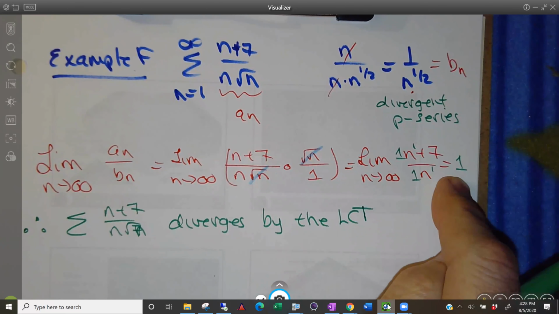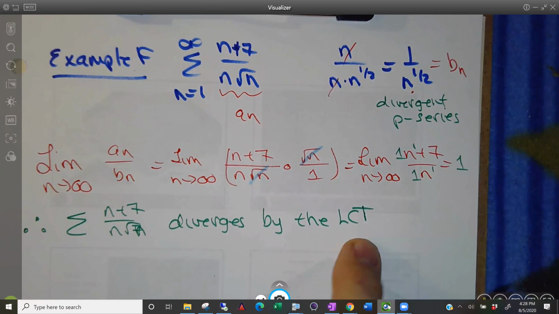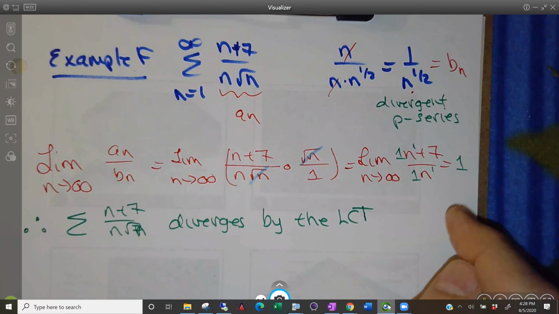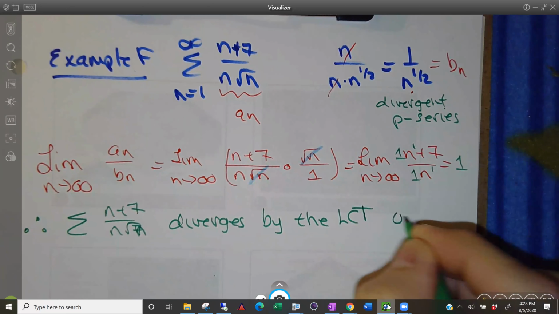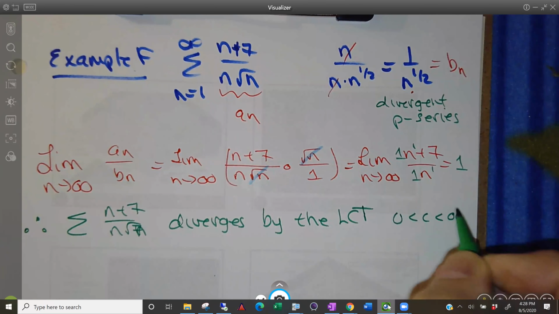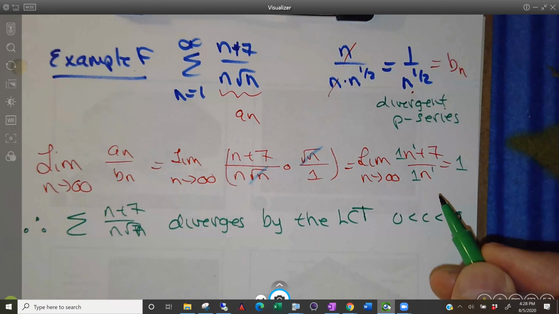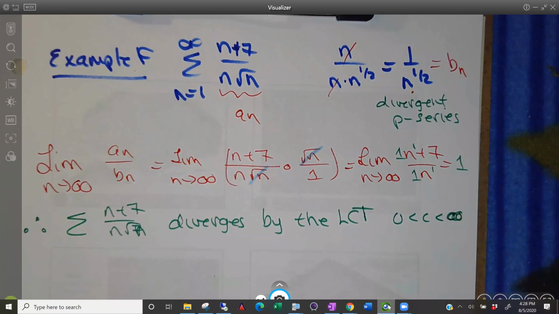Because it's greater than 0 and less than infinity, this would diverge because of the limit comparison test. It just has to be finite. It has to be 0 less than c less than infinity. So whatever your limit is, as long as it fits in between here, then the limit comparison test applies.